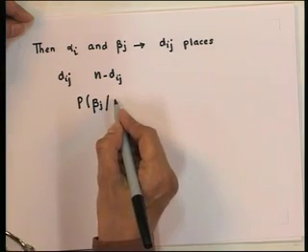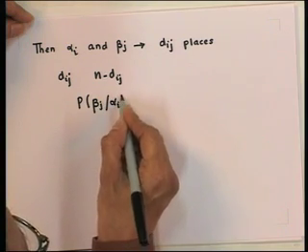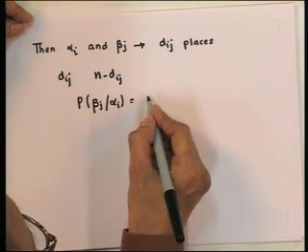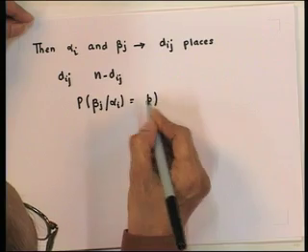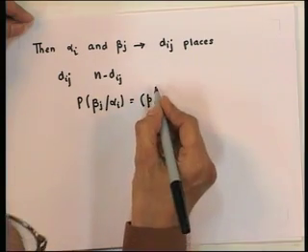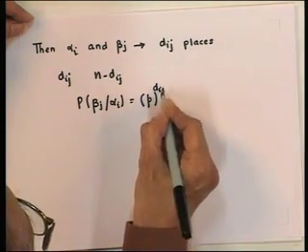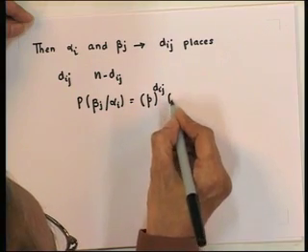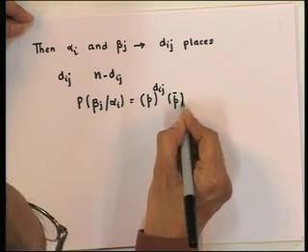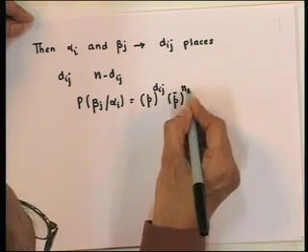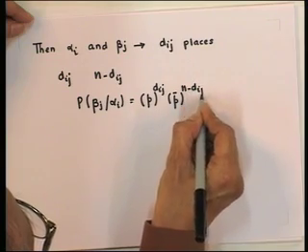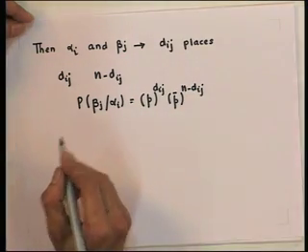So, probability of beta j given alpha i is equal to probability p raised to dij multiplied by p bar raised to n minus dij.